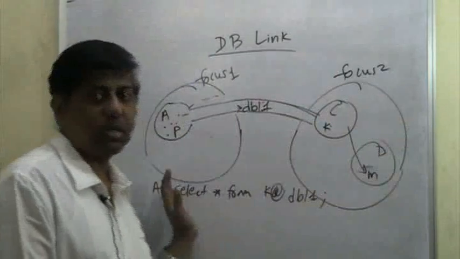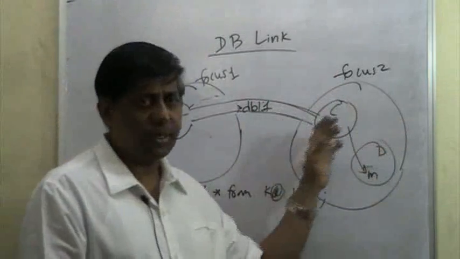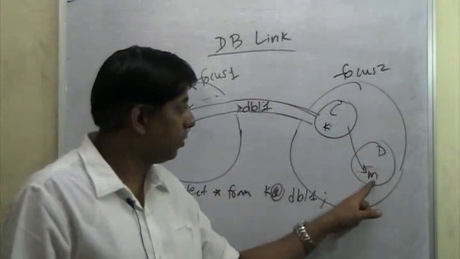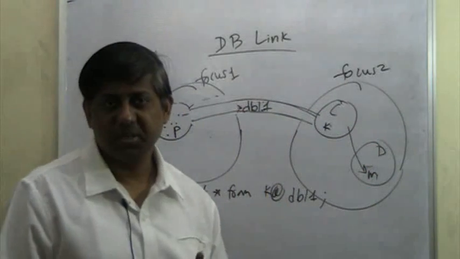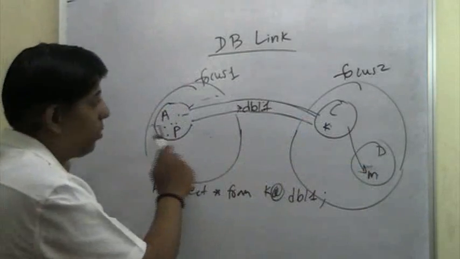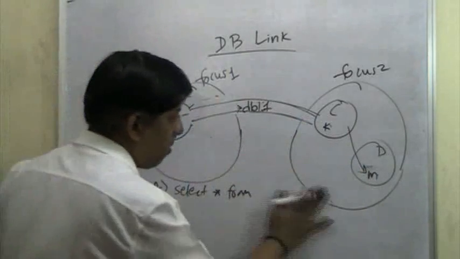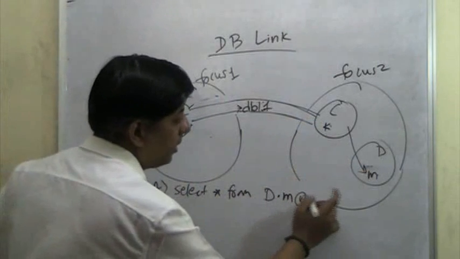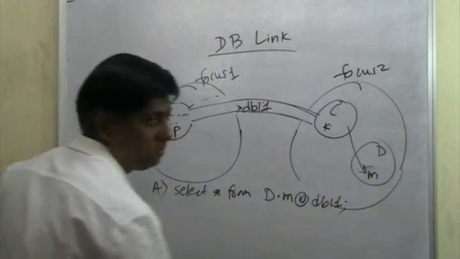This is one database, this is another database. Just while working over there, this user D has granted a select privilege on his own table to user C. Now because of this, this user can go and say select star from D.M at dbl1.